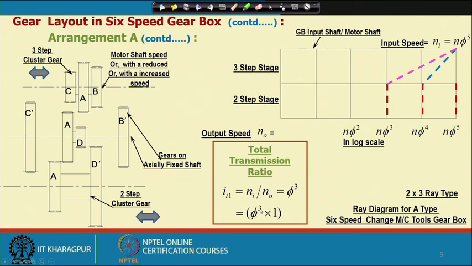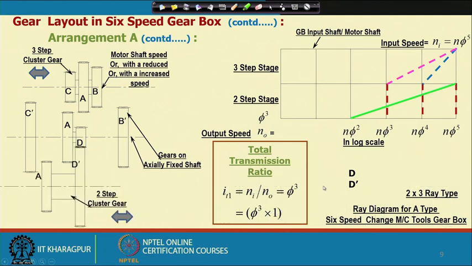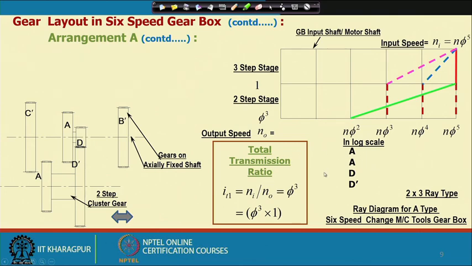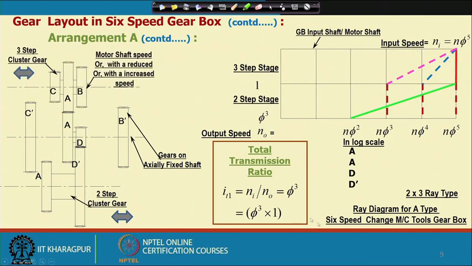So, first we can have phi cube and then 1, and phi cube is available here. So, first we get this phi cube from this point to this point, and then in that stage we will take 1. So, gear D dash is connected, and in that stage we shall look for 1 by connecting A, and the gear connection is like that.